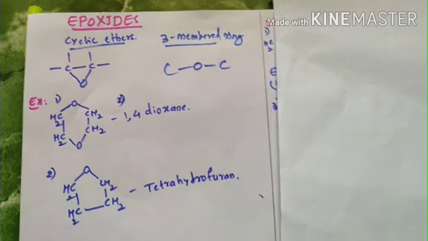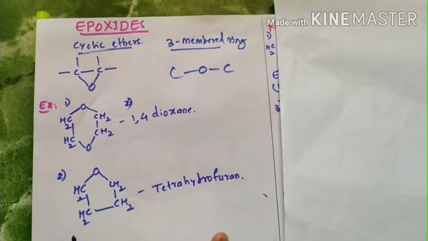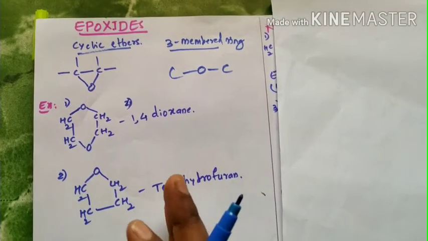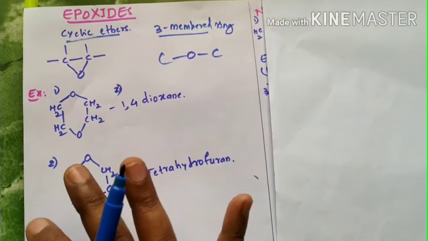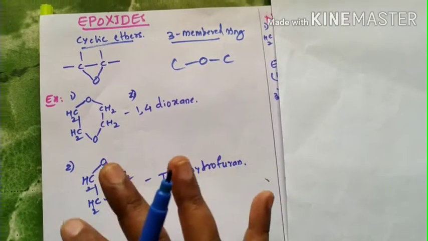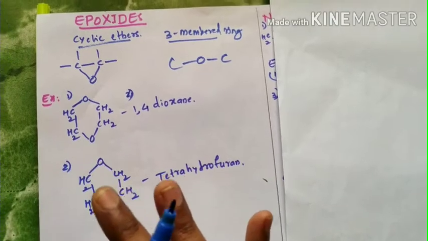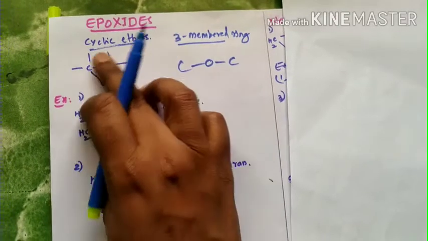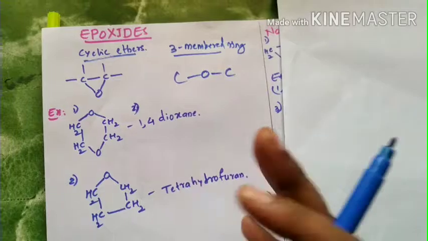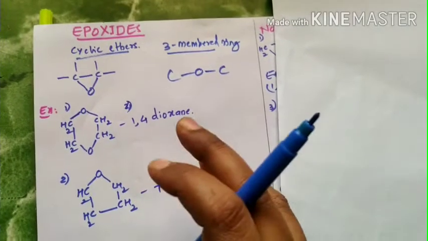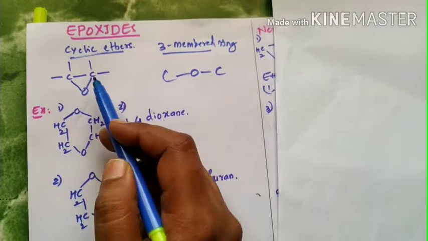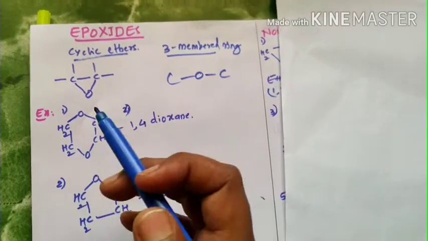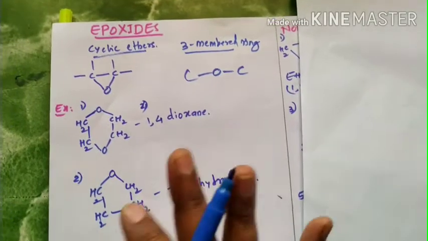Compared to the general ethers, these have a more reactive property because of the ring strain. Due to the rings present in the structure, the larger cyclic ethers have more stability compared to the common ethers.